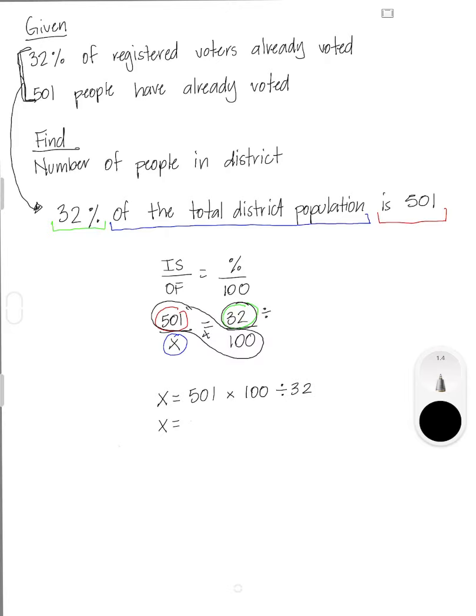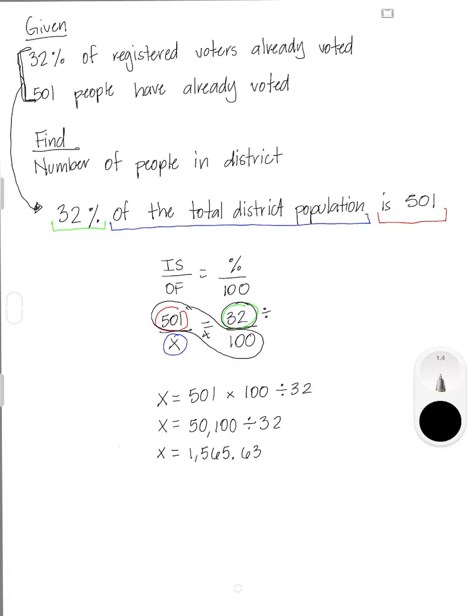So x equals 50,100, and then we divide by 32. So 50,100 divided by 32 gives us 1,565 and then it says 0.63.